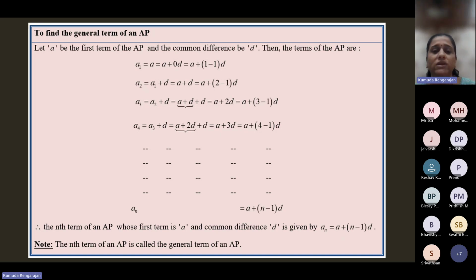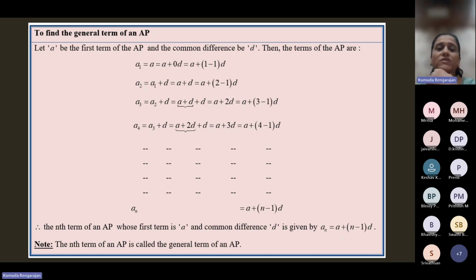So you need a formula or an expression with the help of which you can find any term of that arithmetic progression. And that's what we're going to derive now.